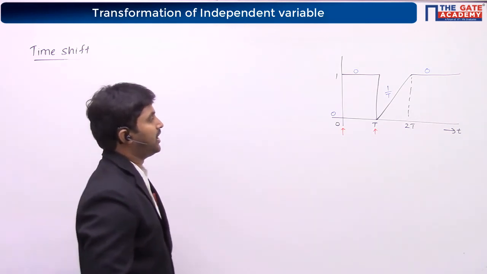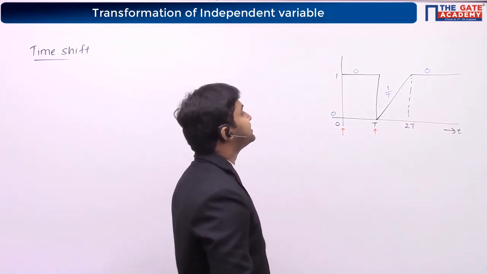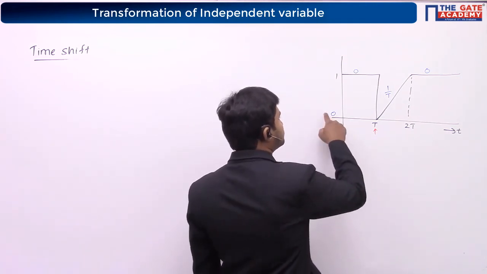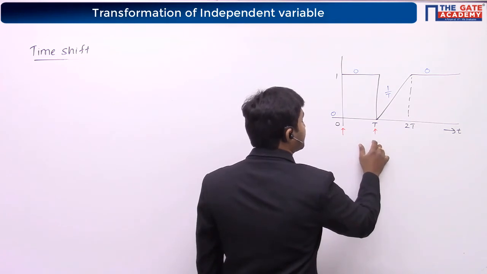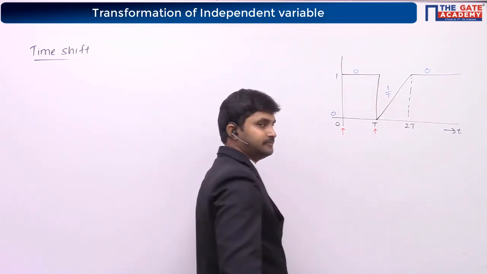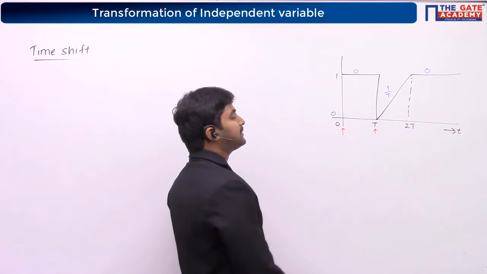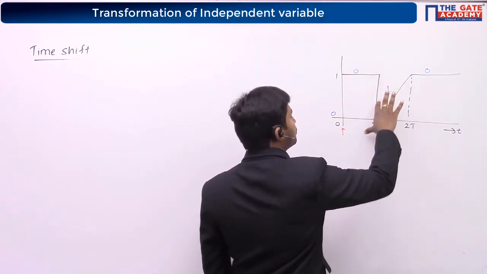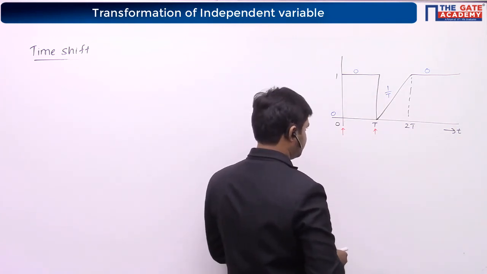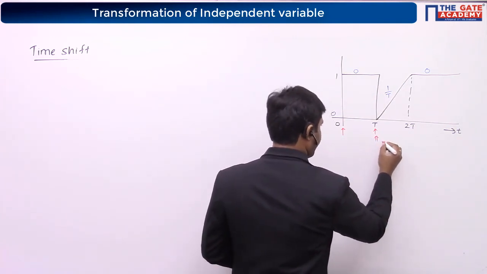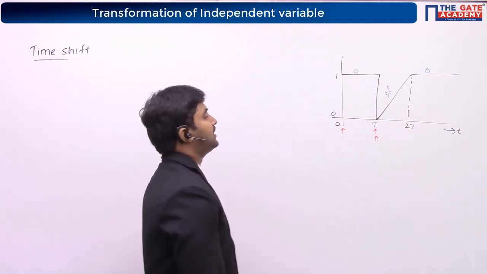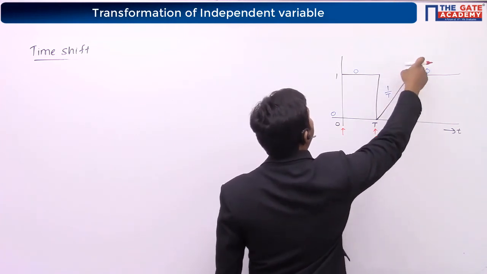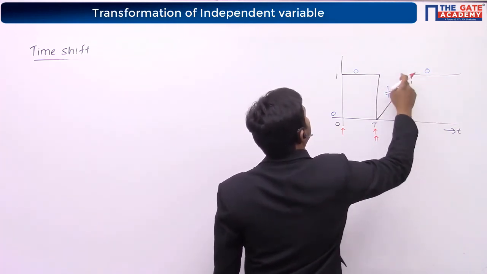Okay. Now let us see the points where there is a sudden change in the value of slope. At t is equal to 0, it is 0, 0, no problem. At t is equal to capital T, it is 0, 1 by T. So definitely the slope is changing from 0 to 1 by T. At t is equal to 2T, the slope is changing from 1 by T to the value of 0.